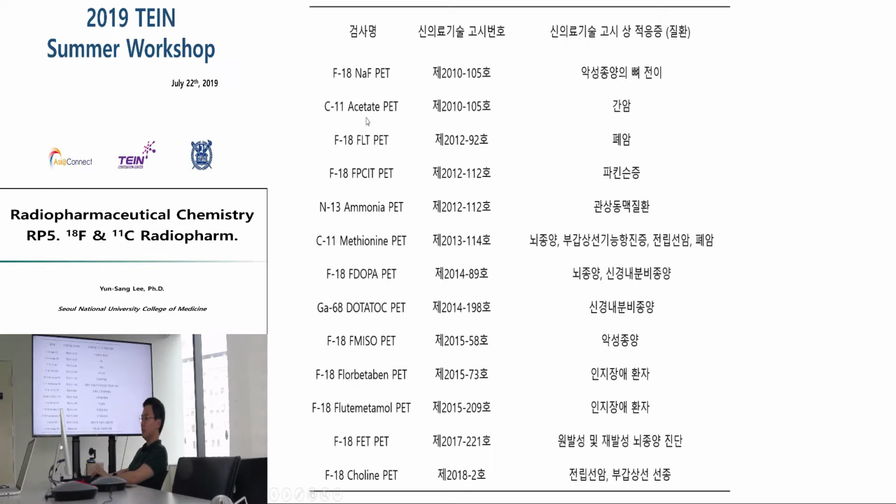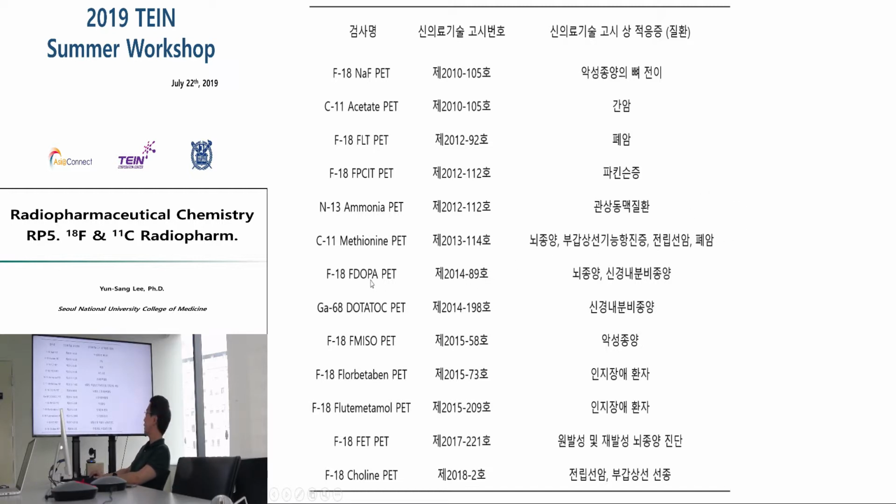C11 acetate can be used for hepatocellular carcinoma. FLT PET is indicated for lung cancer right now, FPCIT for Parkinson's, ammonia for coronary artery disease, and methionine for brain tumor, and parathyroid hyperplasia, prostate cancer, and lung cancer.